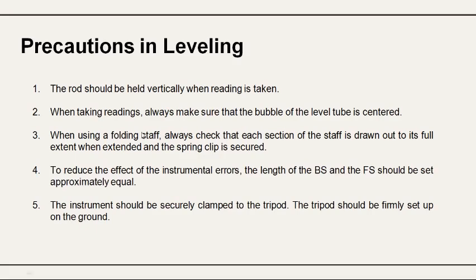For the third one, when using a folding rod, always make sure that each section of the rod is drawn out to its full extent. And to reduce the effect of instrumental error, the backsight and foresight distances should be kept nearly equal. Then for the fifth one, ensure the instrument is securely clamped to the tripod.